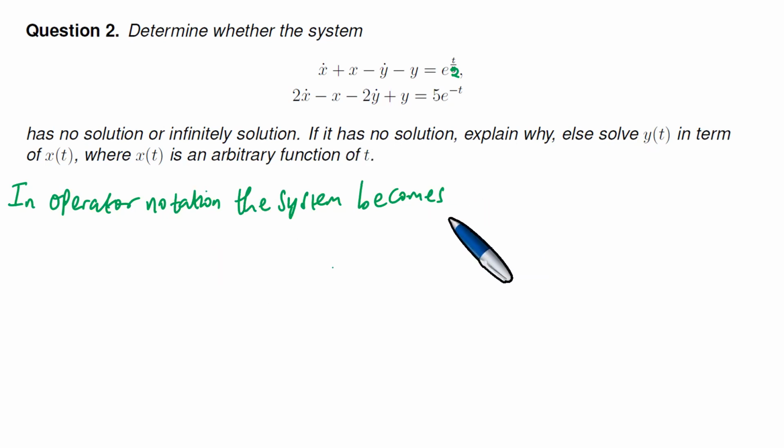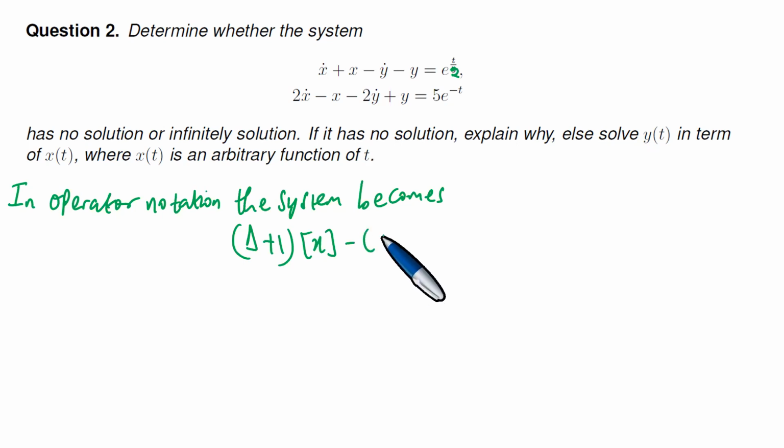So in the operator notation, this becomes precisely (D plus 1) into x, and then we have minus (D plus 1) into y, and this is equal to e to the t over 2.